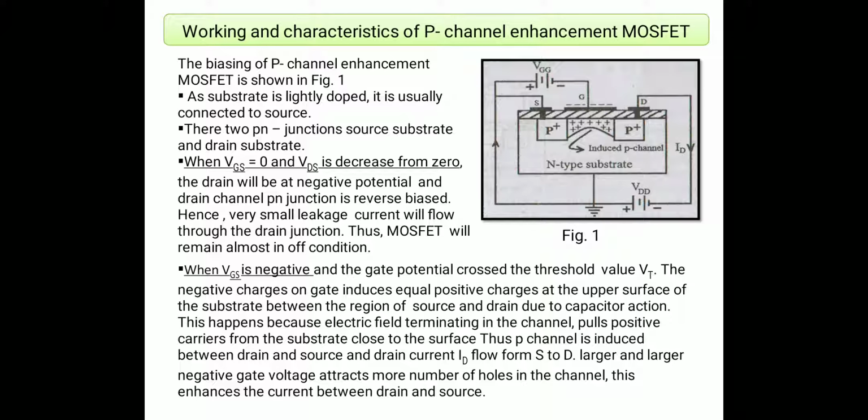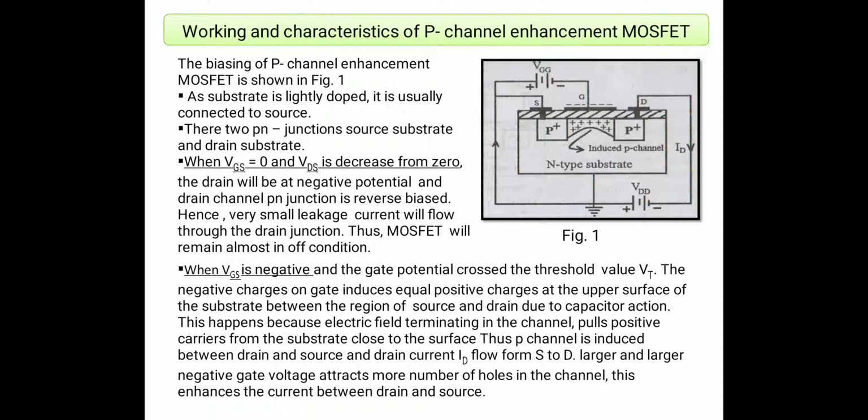When no gate voltage is applied, that is VGS is equal to 0, and drain is already maintained at negative potential, the drain substrate PN junction will become reverse biased. Hence, as the drain substrate PN junction is reverse biased, a small leakage current will flow through this junction. Thus, in this case, MOSFET will remain almost in the off condition.